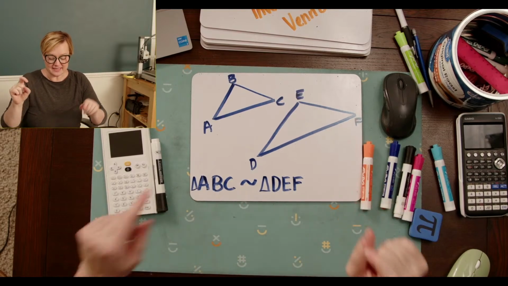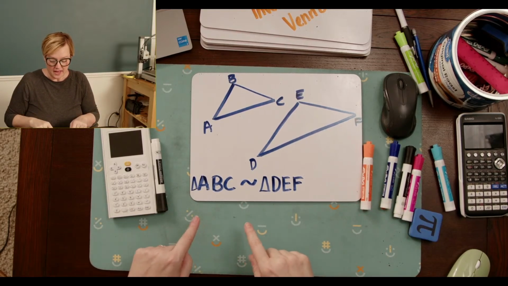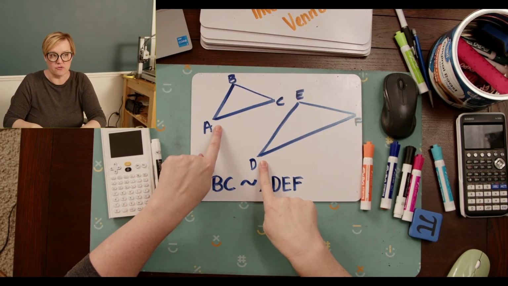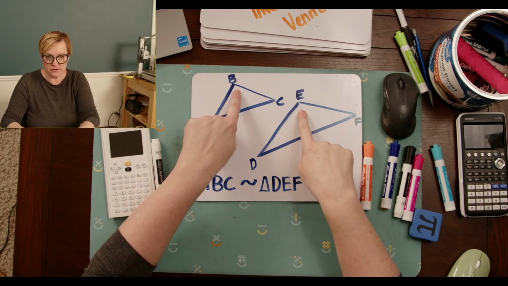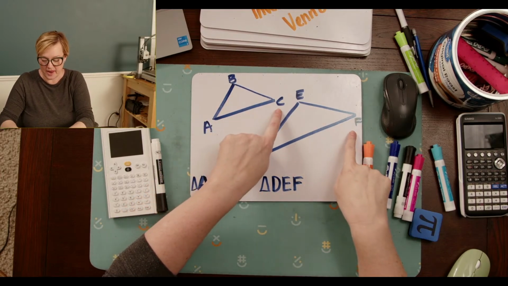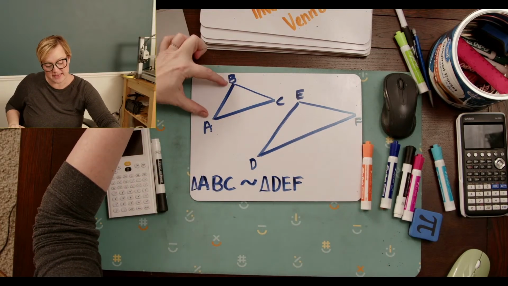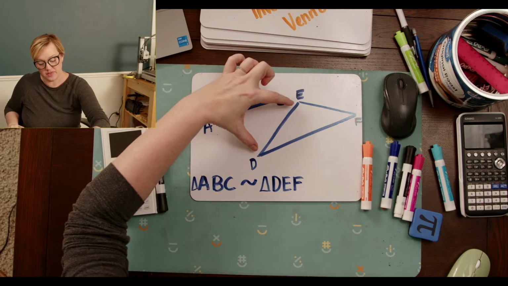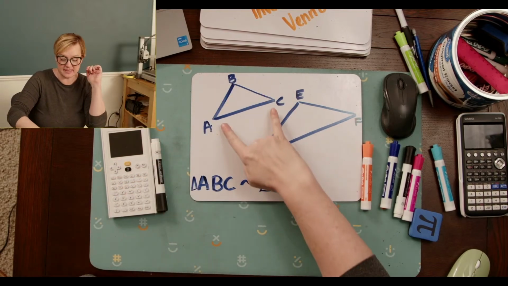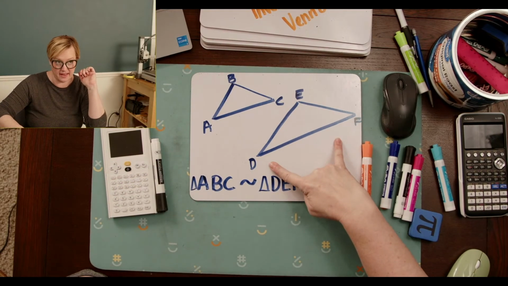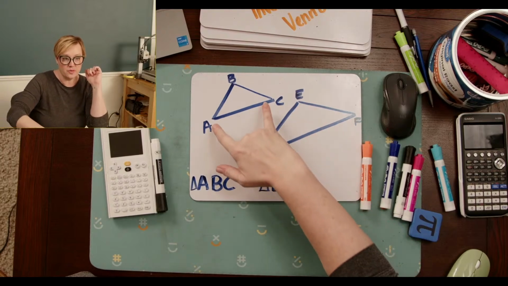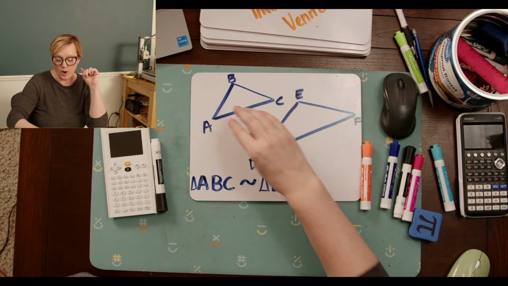It means these two angles are congruent, these two angles are congruent, and these two angles are congruent. And the relationship between this side length and this side length is the same as this side length to this side length.